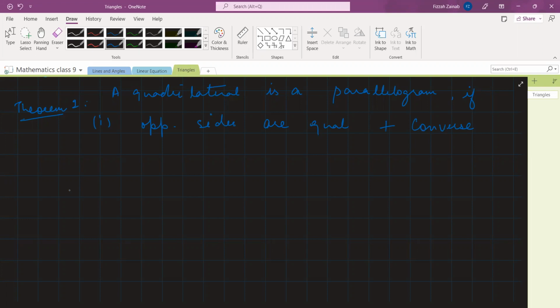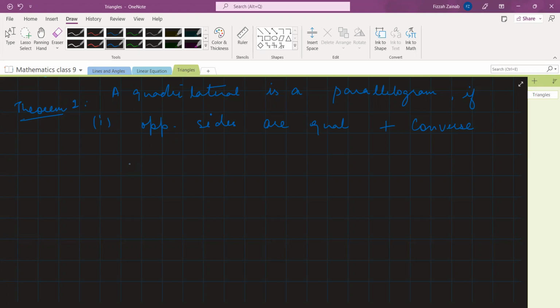What will be the converse? Now, if in any quadrilateral opposite sides are equal, then it's a parallelogram.